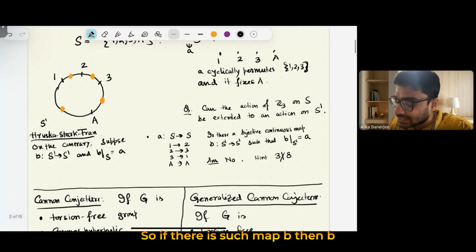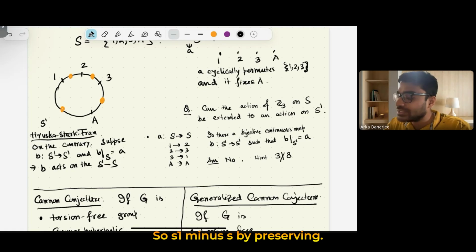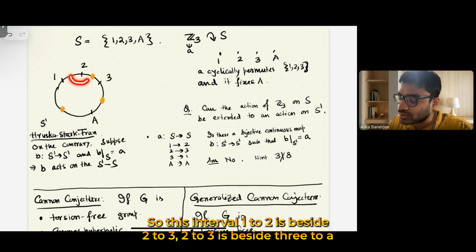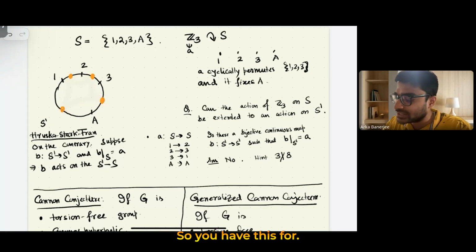So B acts on the complement, S1 minus S, by preserving the order. This interval 1 to 2 is beside 2 to 3, 2 to 3 is beside 3 to A, and 3 to A is beside A to 1.